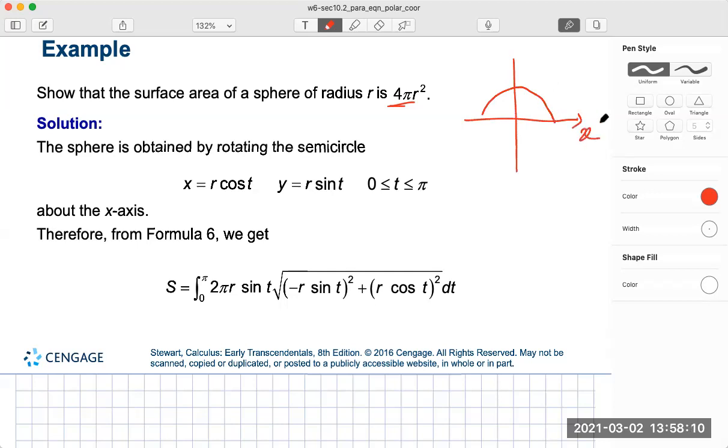If we rotate this semicircle about the x-axis, it will create a sphere. And remember, this semicircle will follow this parametric equation: x is equal to r cosine t, y is equal to r sine t, when t is from 0 to pi. Okay, this is r. Do you see it?